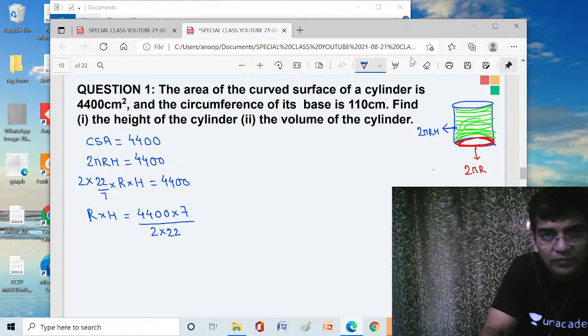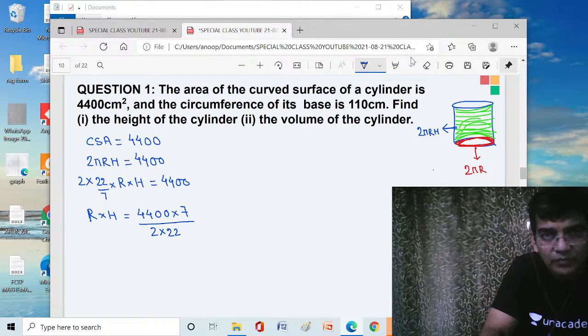The formula for circumference is 2 pi r, so 2 into 22 by 7 into r is equal to 110. So r is 110 into 7 upon 2 into 22.